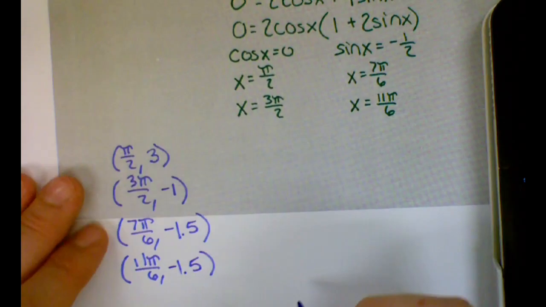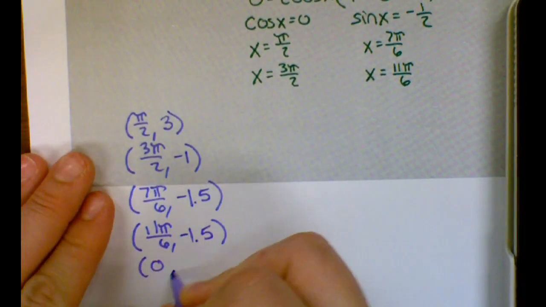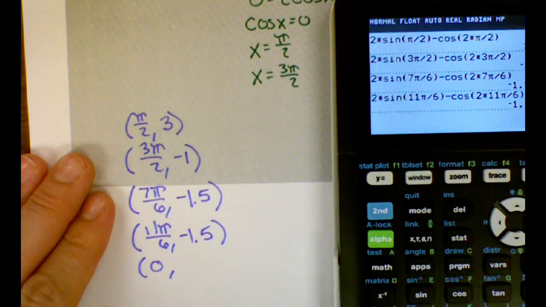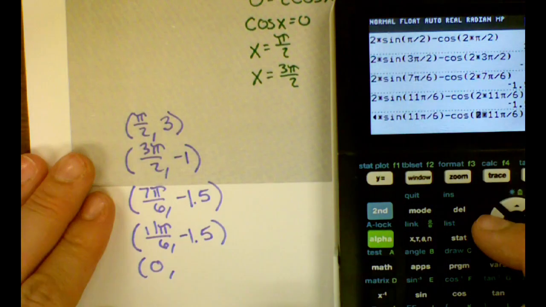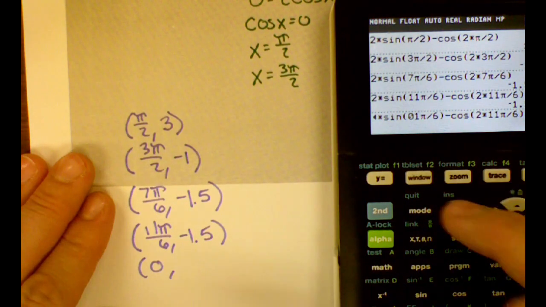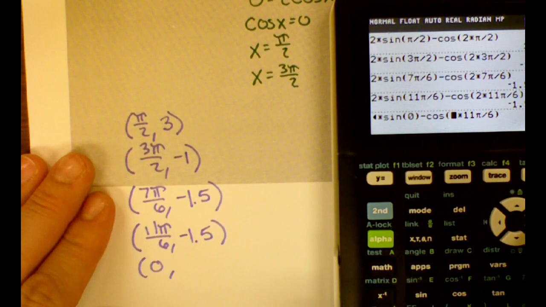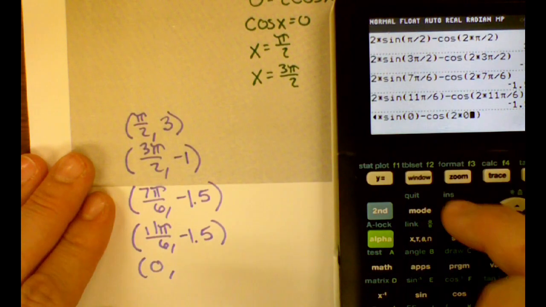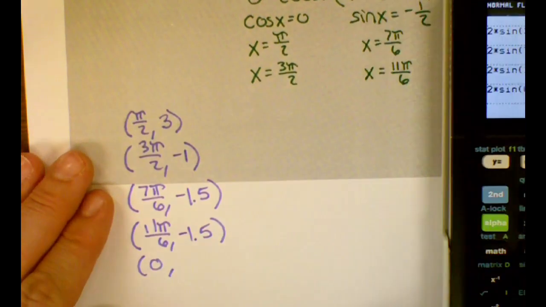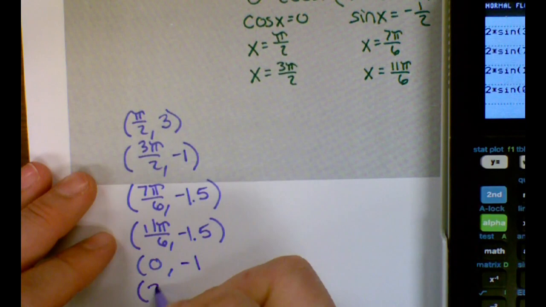And never forget your endpoints, 0 and 2 pi. Zero gives 0. 2 pi, almost done: negative 1.